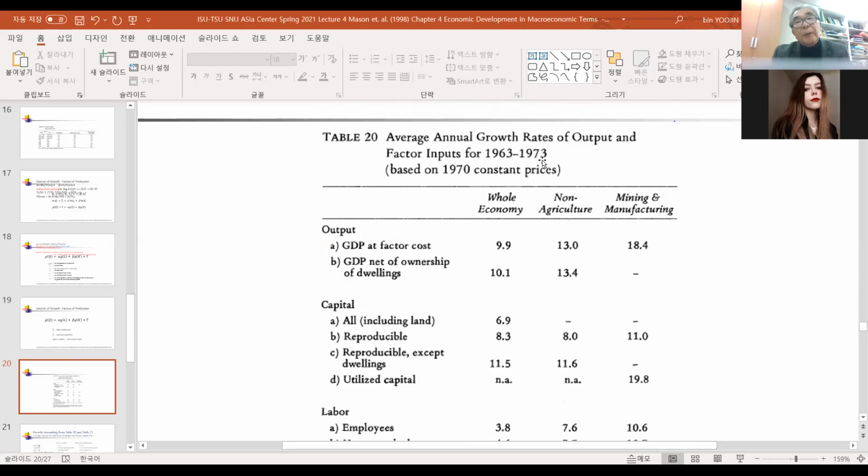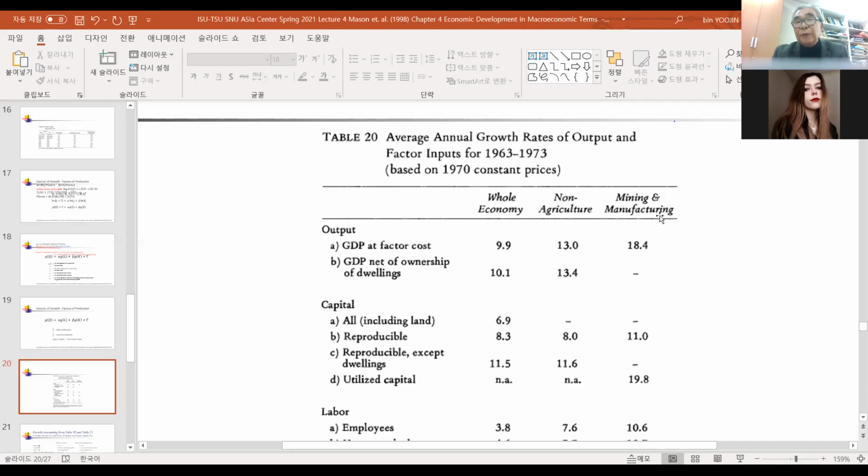How can an economy grow at an annual 10% during this short period of time, 10 years? Source: capital has grown 8.3%. Of course, this is the whole economy story.